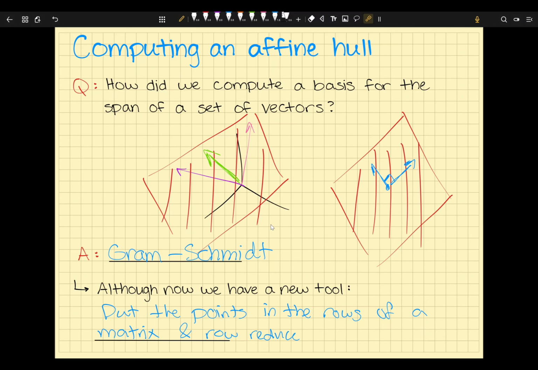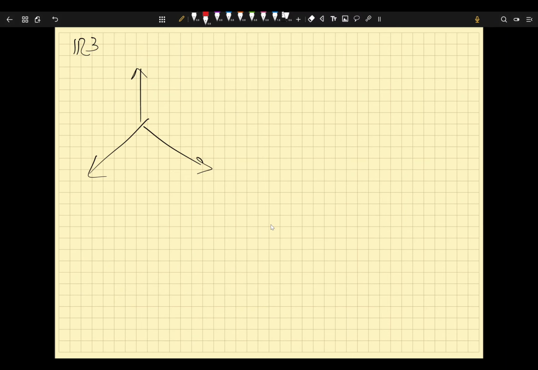Okay, so not exactly. Let's say this is our R3 and we have this set of points out here. And so our affine space is the plane going through them. But what we want to do is shift the entire plane to the origin. To do this, we'll do what you suggested earlier, which is treat one of them as the origin, and then subtract this point away from all of them.